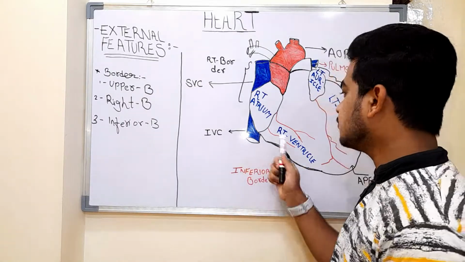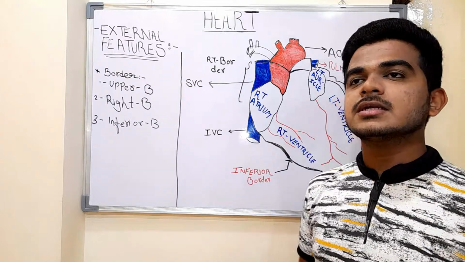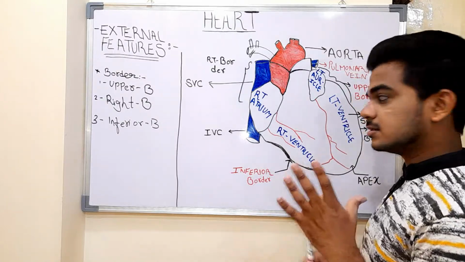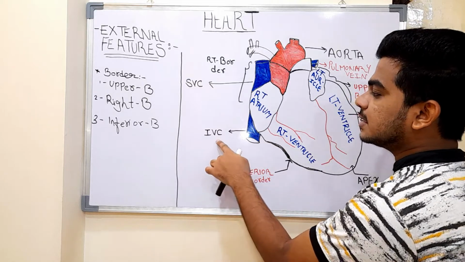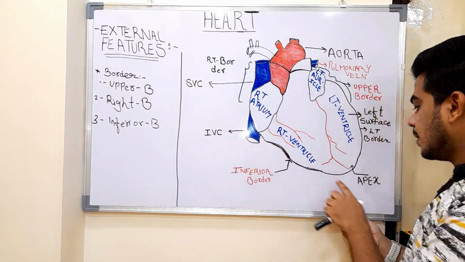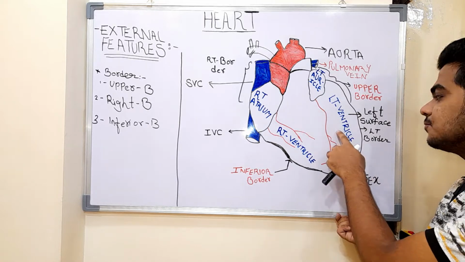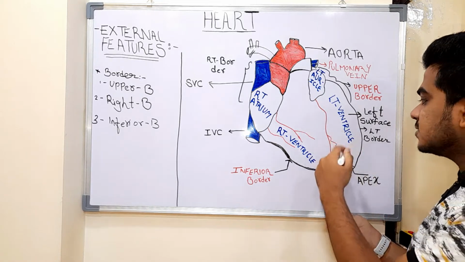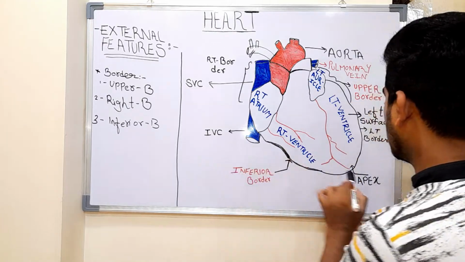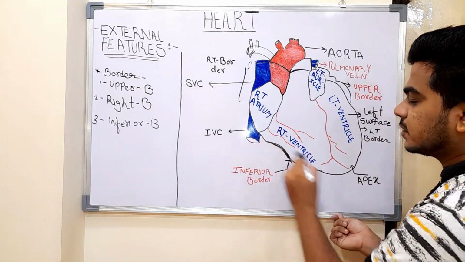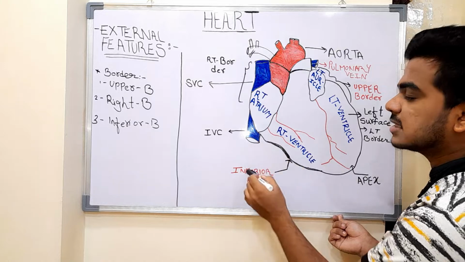You can say that the inferior border extends from the inferior vena cava to the apex of the heart, which is formed by the left ventricle. So the structure from the inferior vena cava to the apex of the heart is called the inferior border.